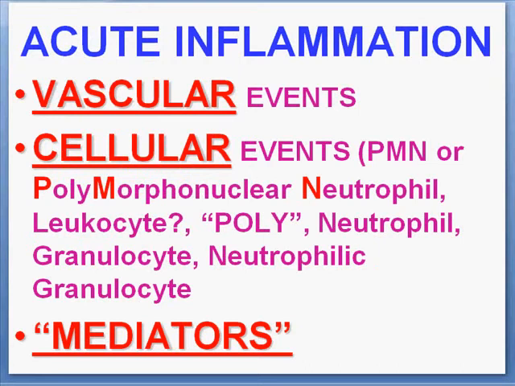Then there are cellular events, which are your chief cell of acute inflammation, the polymorphonuclear neutrophil, or PMN. You call it a leukocyte if you want, but technically a leukocyte is any white cell. You call it a poly, you call it a neutrophil, you call it a granulocyte, you call it a neutrophilic granulocyte. I call them everything, but my favorite term is poly.